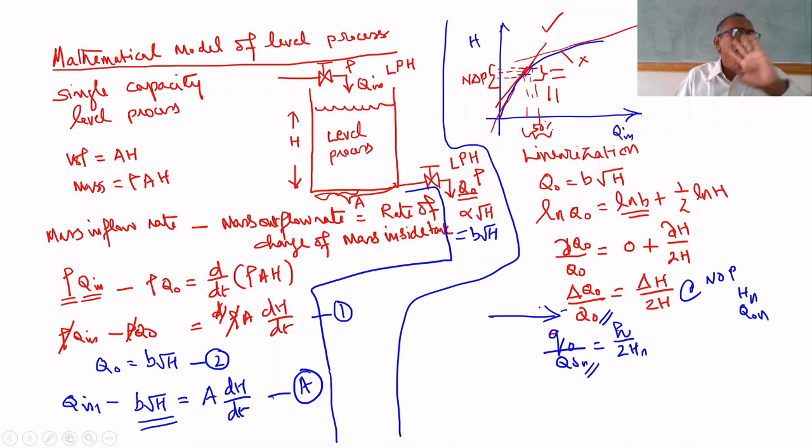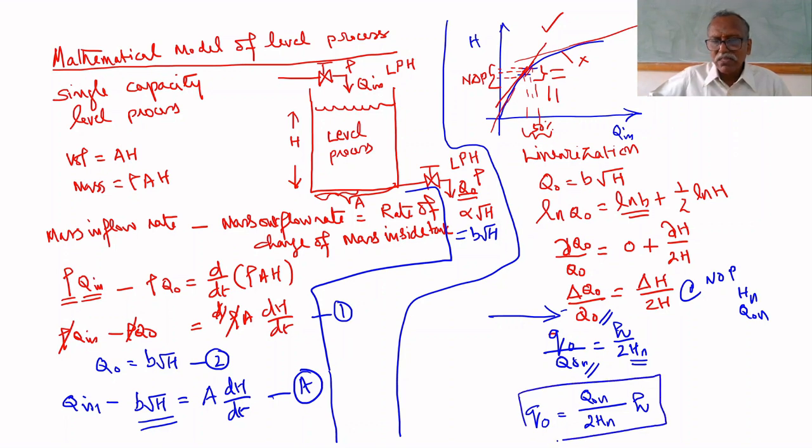Even though the level changes, Q naught N will not change. Therefore, this is a constant, and this is also a constant. Therefore, delta Q naught equals Q naught nominal divided by 2HN multiplied by delta H. We got this relationship.